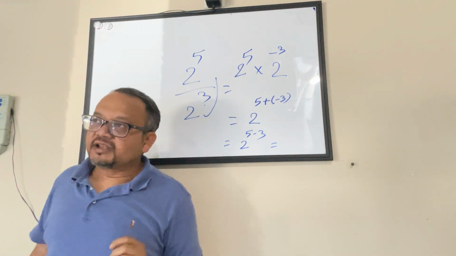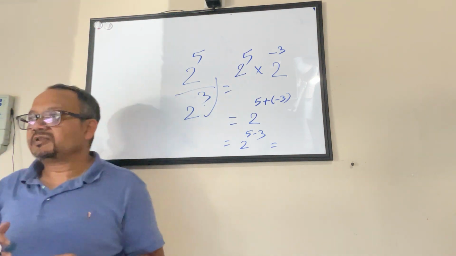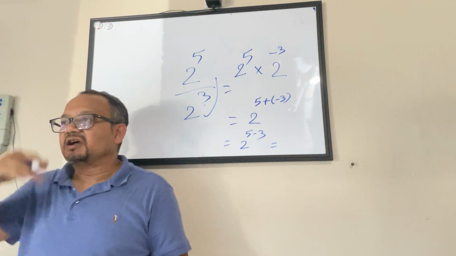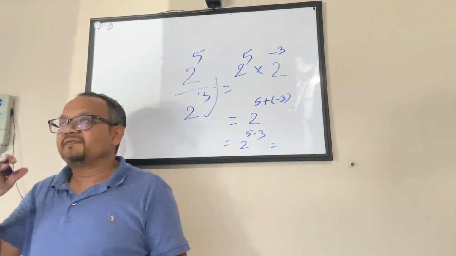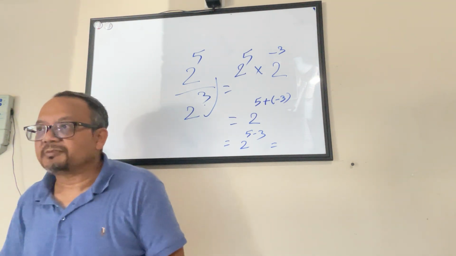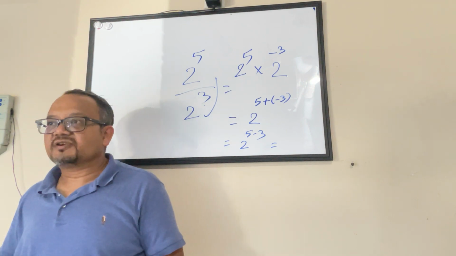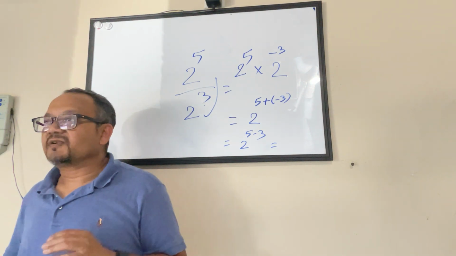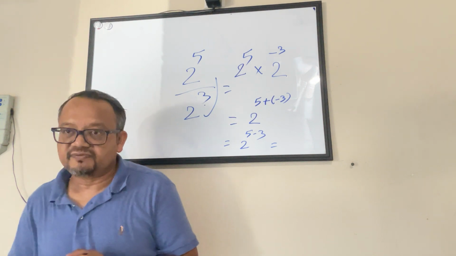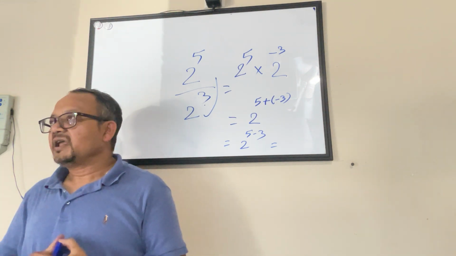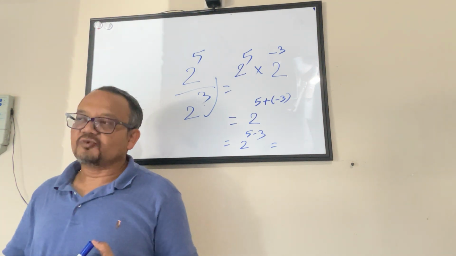And the 4th thing that we learned was, when you move the number with exponents over the line, from numerator to denominator or vice versa, the sign changes from positive to negative, negative to positive. And the last thing that we learned was, any number to the power 0 is 1.